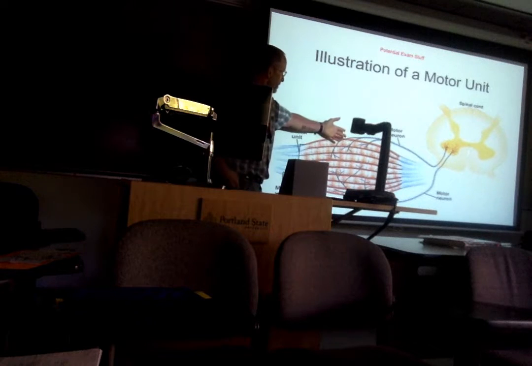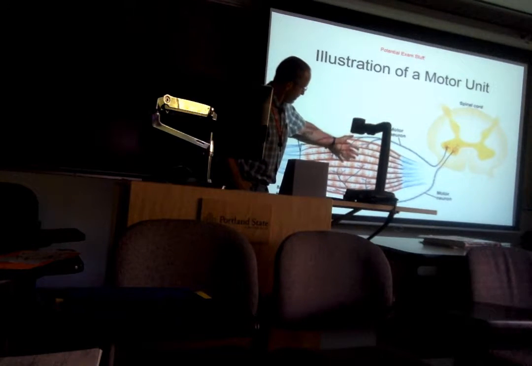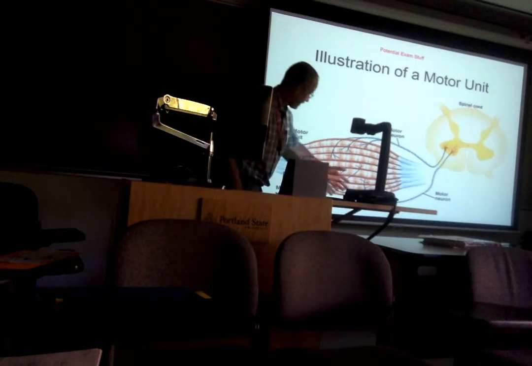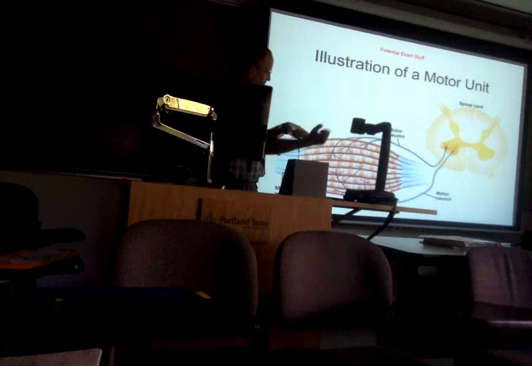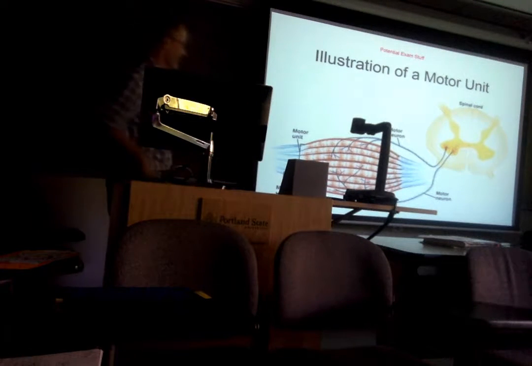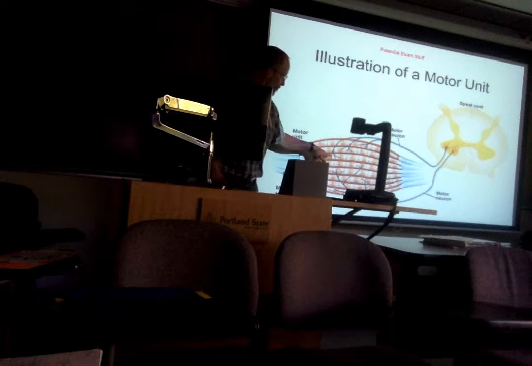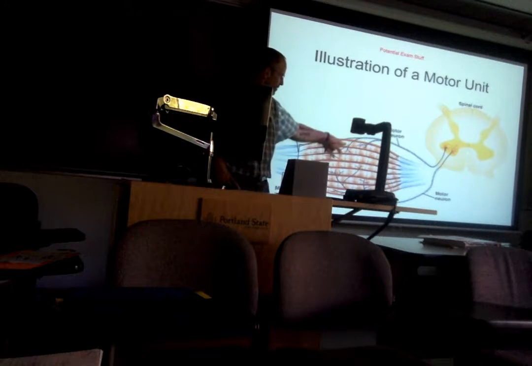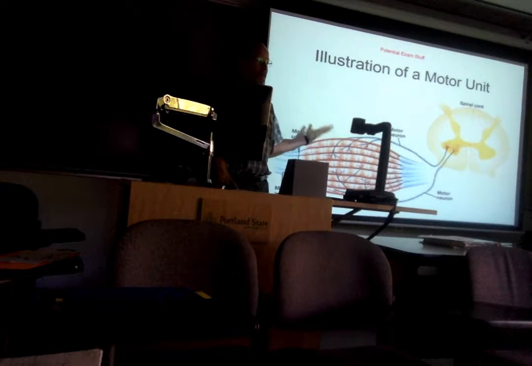So if I wanted a light contraction, pick up a paper clip, I can just activate this guy, recruit. If I want to pick up a backpack, I could recruit this guy. If I want to lift a backpack with a lot of weight, I could do both of them. And I look at this and I say, okay, it's a cartoon kind of thing. But do you guys agree that if this guy has 3 fibers, that motor unit is going to be all the same guys?